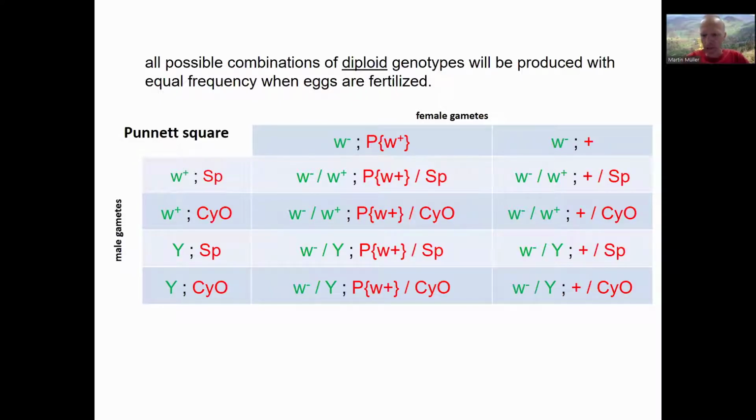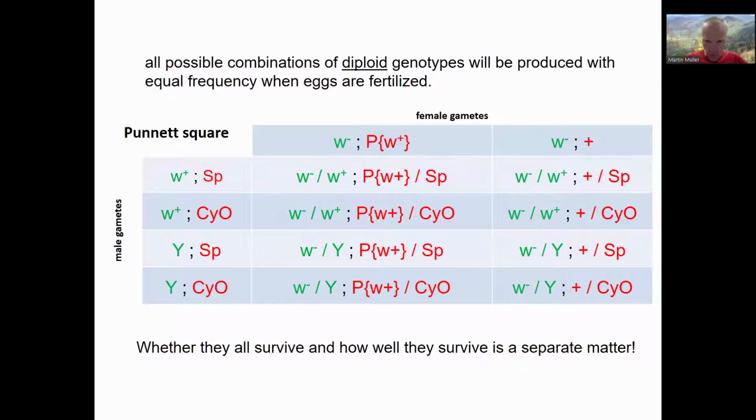So this is, of course, not the end of it yet, but we are close to the end, because now you have to identify the phenotypes. So there will be differences because sternoplural and curly, for example, have segregated from each other, so they end up in different animals.